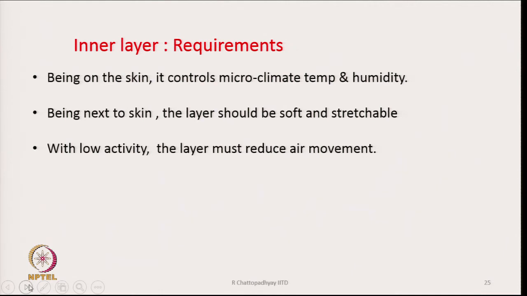The prickliness should not be there, and it should be soft in feel. With low activity, the layer must reduce air movement. It should not allow the air to move, otherwise convection currents will be generated and heat loss will be faster.